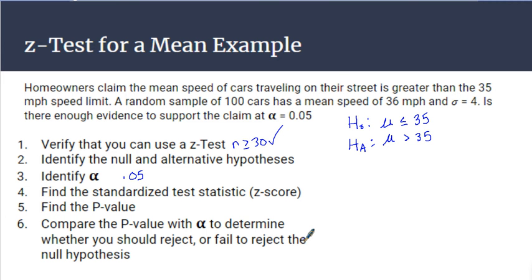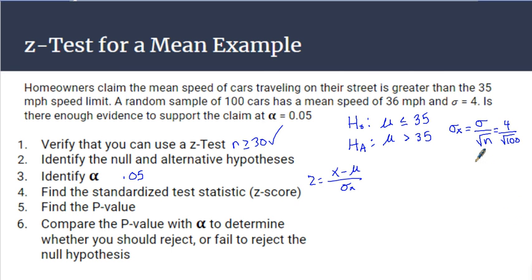Find the z-score. Again, z-score is x minus the mean divided by the standard error. Standard error for a mean, remember, is different than the proportion one. So standard error for a mean is going to be the standard deviation divided by the square root of the sample size. So we've got a standard deviation of 4 divided by the square root of 100 because that's how big our sample was.